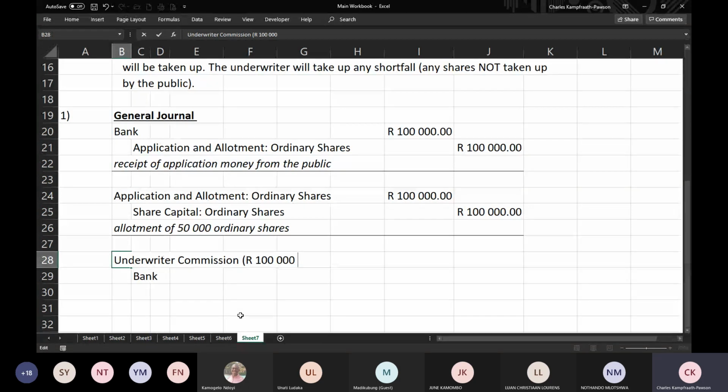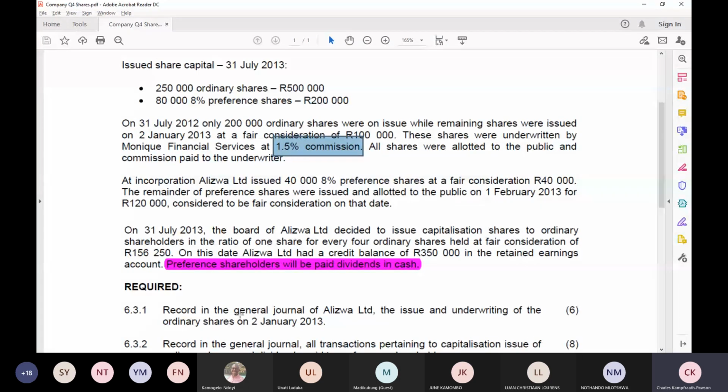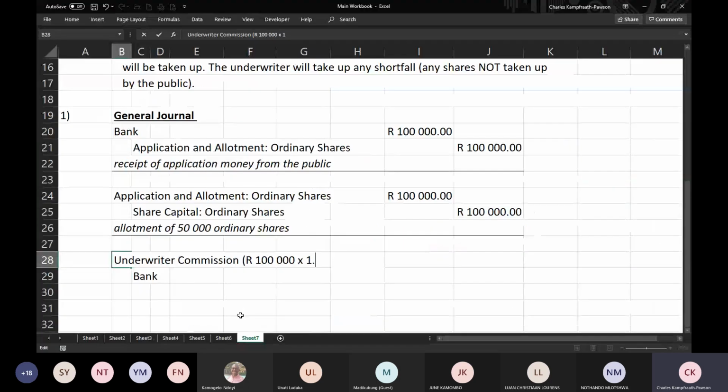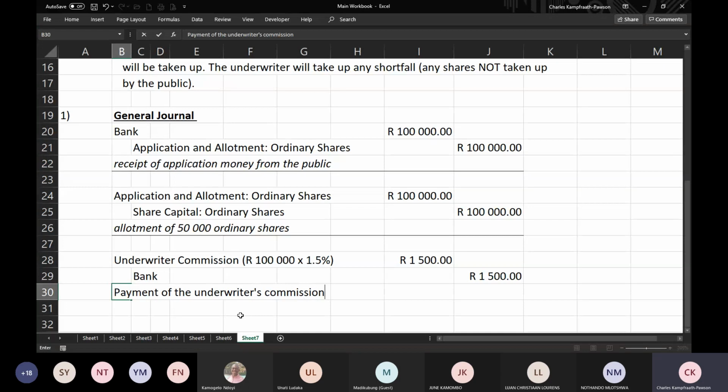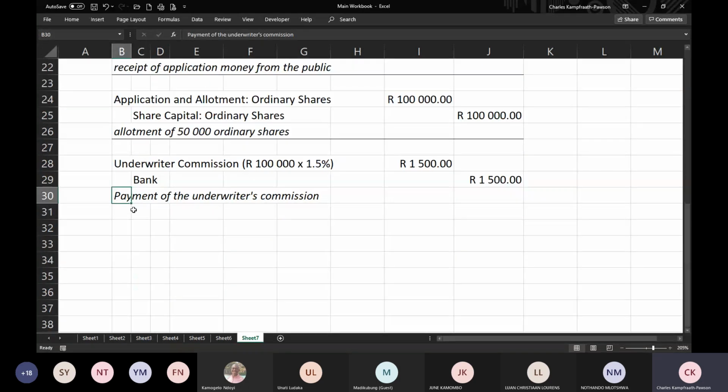So that's the full risk. If none of the members of the public take up shares, that's the full value that the underwriter will have to take up. So we must apply the commission on that value. So times the percentage, that was 1.5% commission. That will equal 1,500 rand. And the reason can just be payment of the underwriter commission. Everybody happy?